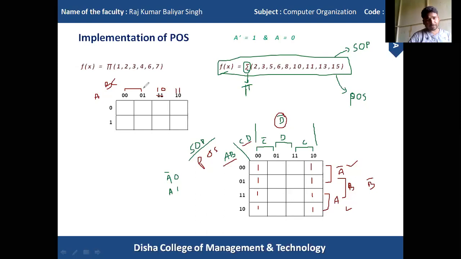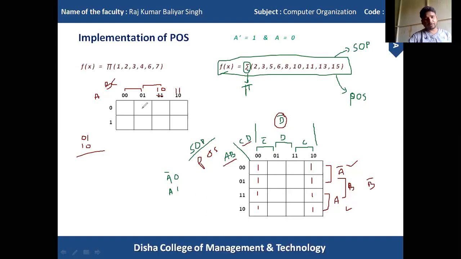And if I combine these two columns, what is the common value? The first column value is 1 0 and the second column value is 1 0. Can you tell me the common value of this combination? We cannot find the common value.